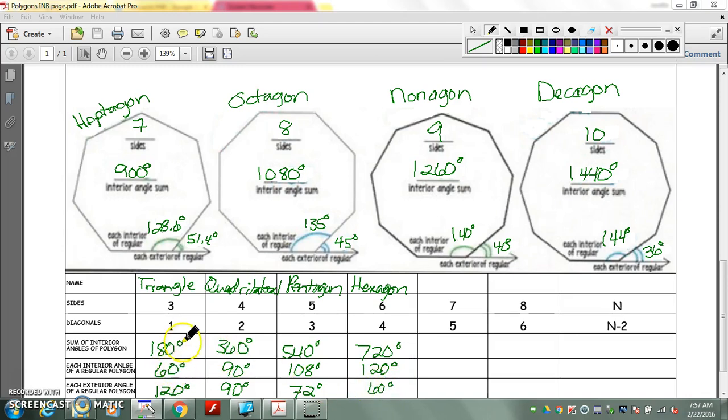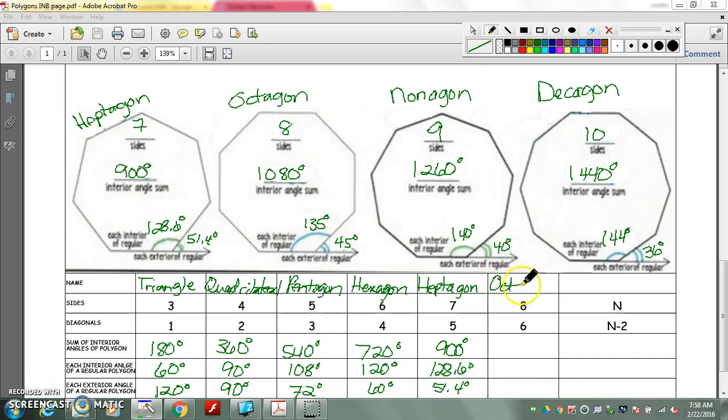And if you'll notice, our sum keeps going up by 180 degrees each time. Because we're adding a side, we're adding another triangle, which means we're adding another 180 degrees. So our heptagon, our sum was 900, and we can see our picture here. It was 128.6 degrees and 51.4 degrees.